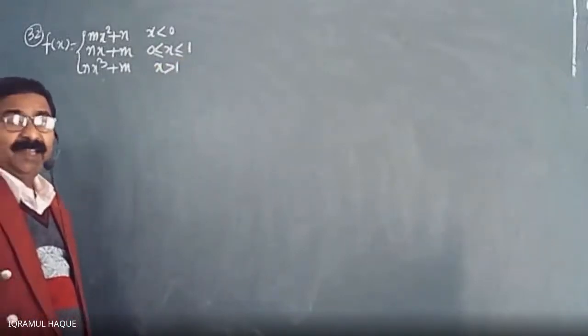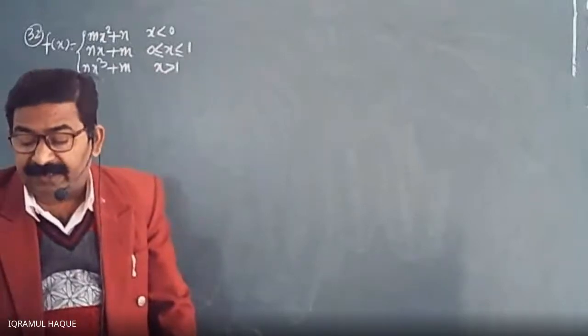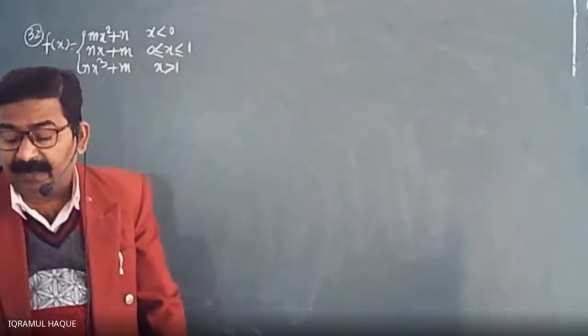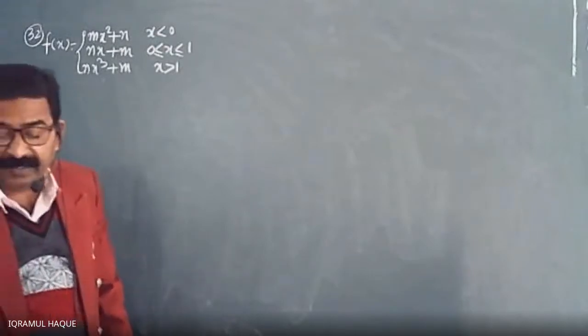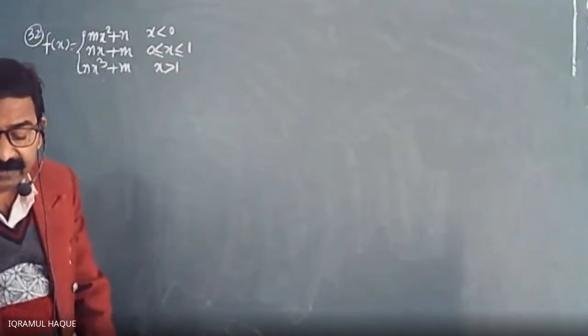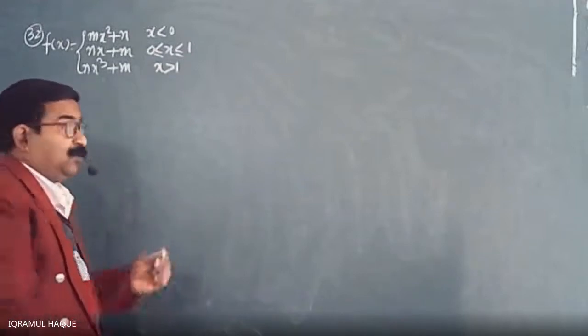In the question we are given: for what integers m and n does limit x tends to 0 of f(x) and limit x tends to 1 of f(x) exist? That means we have to find both the values.